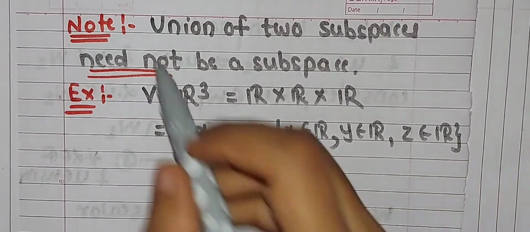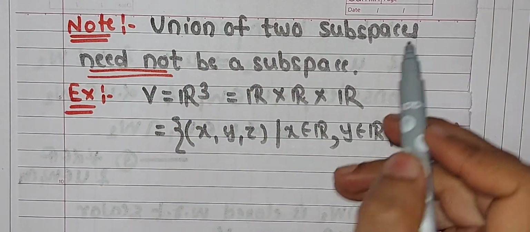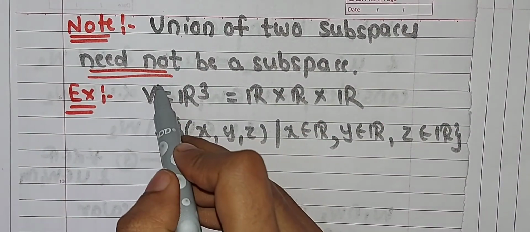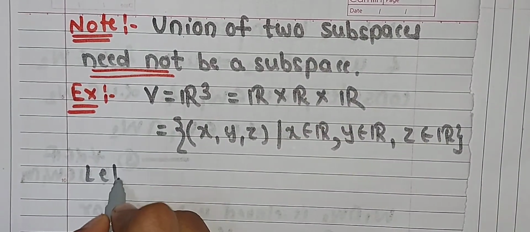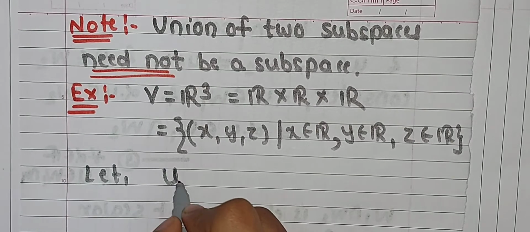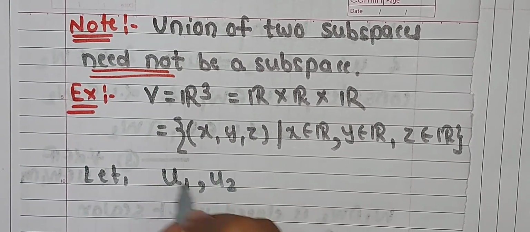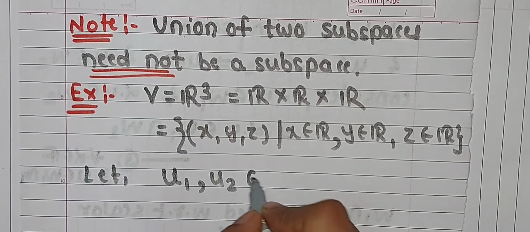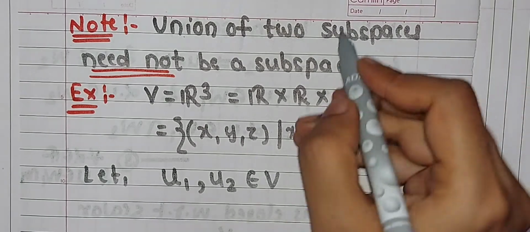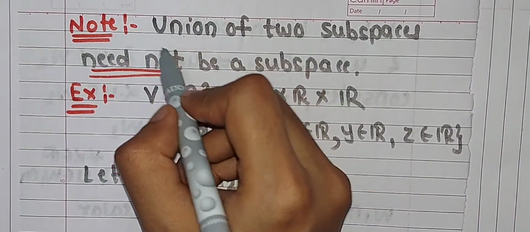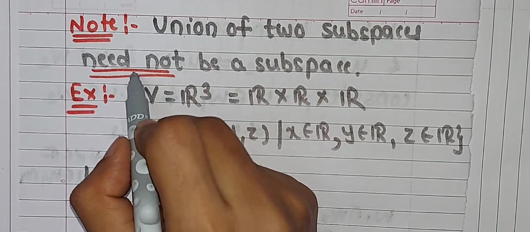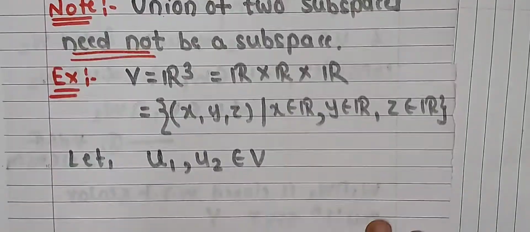Now to check the union of two subspaces, first we have considered the vector space. Now let us consider two subspaces, let U1 and U2 both be subspaces of V, that is, U1 is a subspace and U2 is also a subspace. Now we only have to check that the union need not be a subspace. This we are going to check.